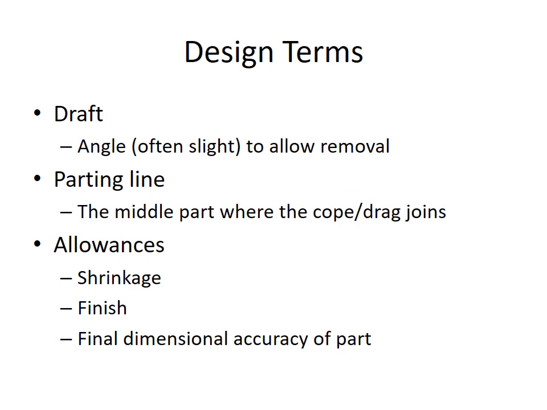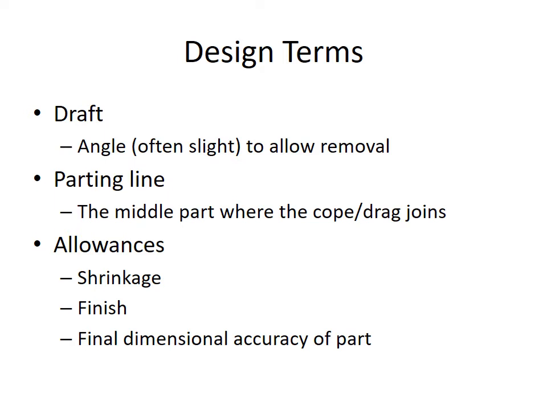A few other terms that are kind of important in designing with this. One is draft. It's not very successful to design things that don't have a little bit of a slope to them, because it makes it hard to remove the pattern, or the part itself may have a problem. So you generally have stuff that angles in.